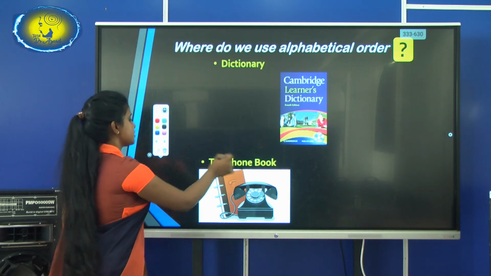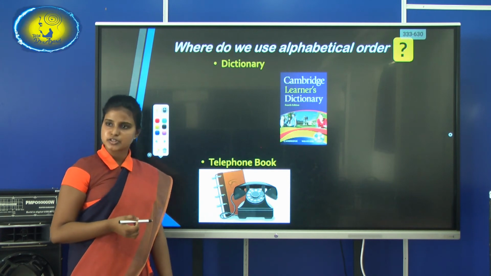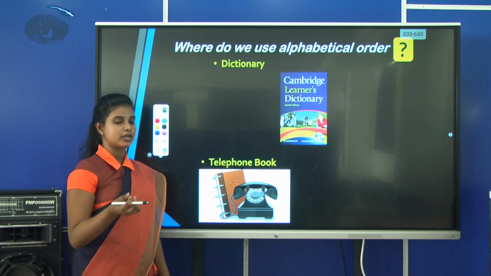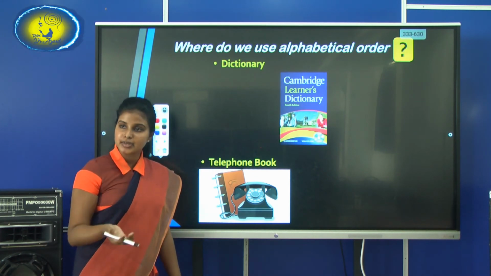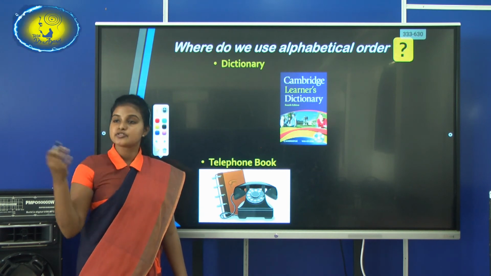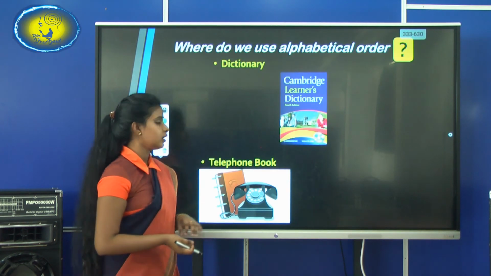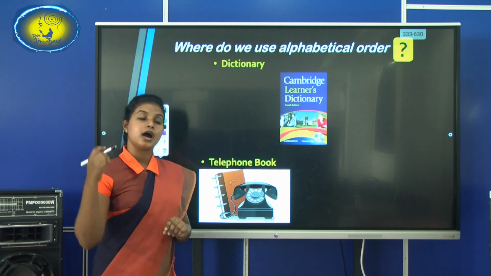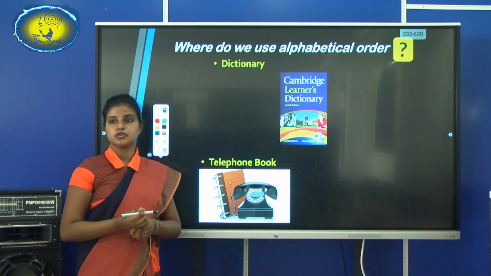Okay, next, telephone book. Do you have telephone books at your homes? Certainly you might have. A telephone book contains contact numbers, addresses and names of people. For example, just think someone phones you and asks your mother's mobile number, but you forget it.